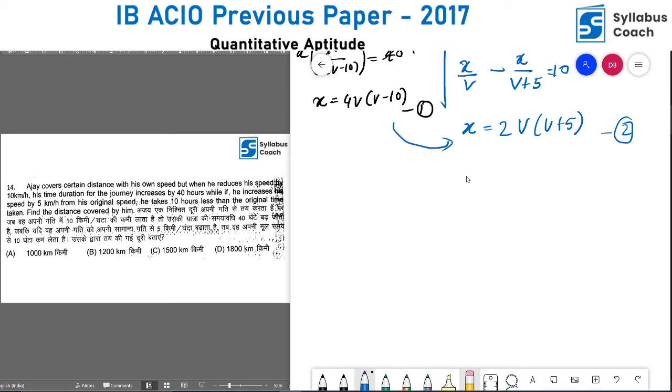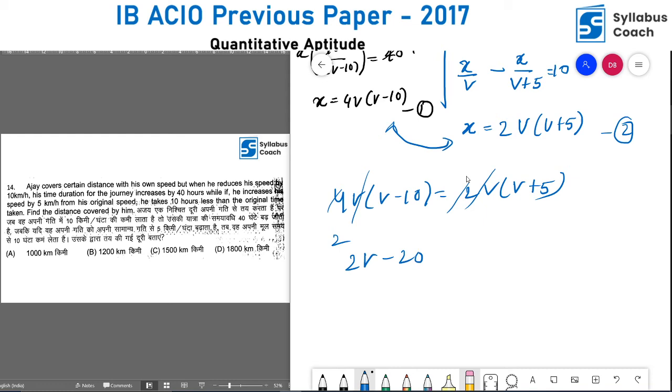Let's equate these two equations. We have 4v into v minus 10 and 2v into v plus 5, and this gets cancelled, and then we have 2 into 2 is 4, and then we have 2v minus 20 is equal to v plus 5, and then v is going to become 25.